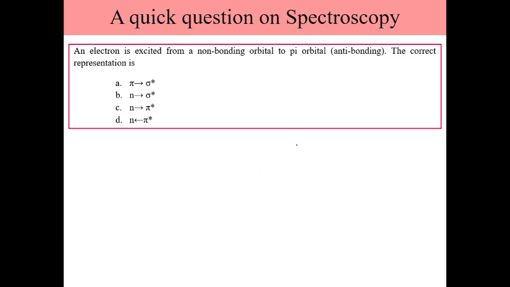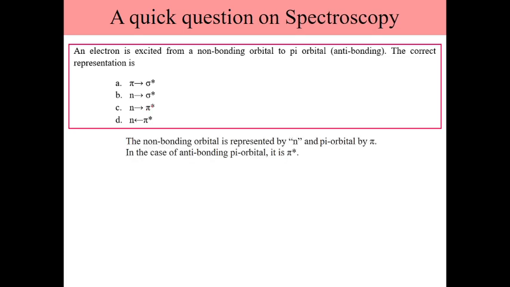Always remember, when there is anti-bonding, that means this star would be there, and non-bonding means there should be an N. So N to sigma star, that is not correct because it is a pi orbital, it is not a sigma. Sigma is anti-bonding, so N to pi star, this is your pi orbital anti-bonding. So the correct representation is this one, and that is the right answer.